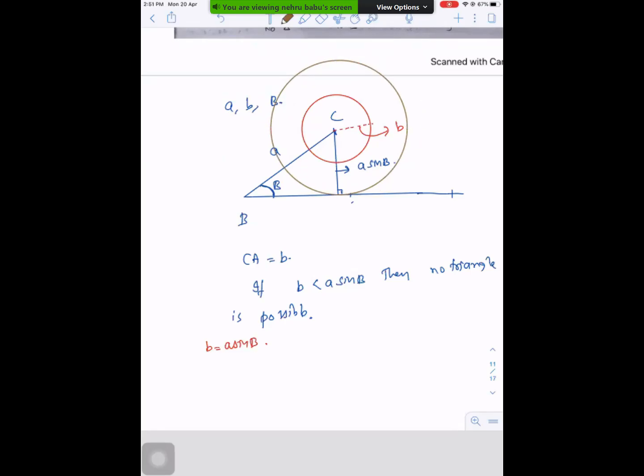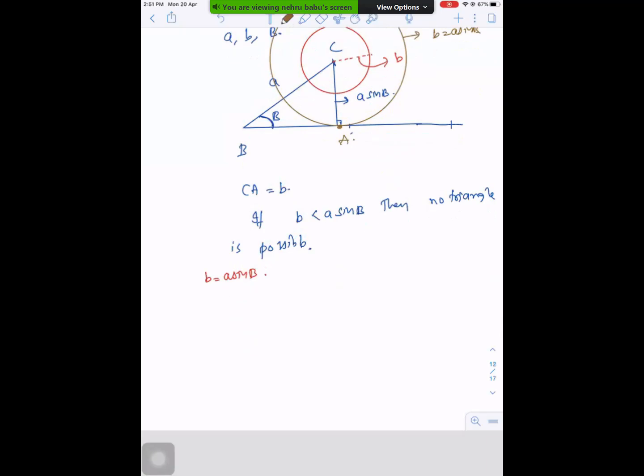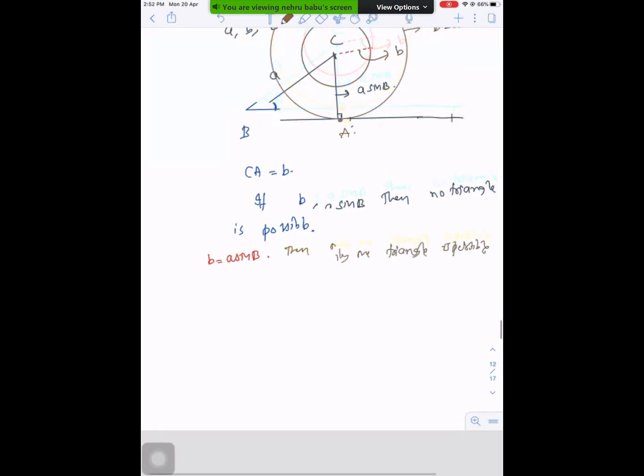We'll get this brown color circle, whose radius is b equal to a sin B. Here, this point is our A. If you observe the brown color circle, you are getting only one triangle. That's why, if b equals a sin B, then only one triangle is possible.